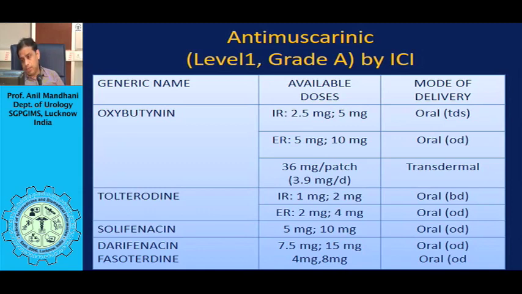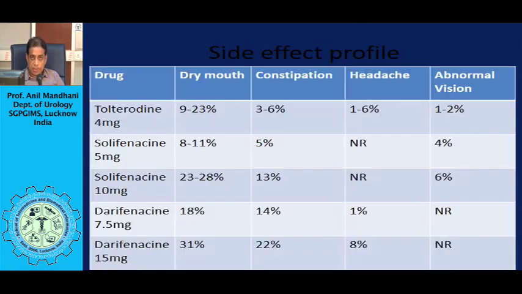And if she leaks with a cough or rising from the bed, from lying down to a sitting posture, or maybe some exercise, that is invariably associated with stress urinary incontinence. And in some women, these two incontinences can coexist. A woman can have stress urinary incontinence and overactive bladder too.